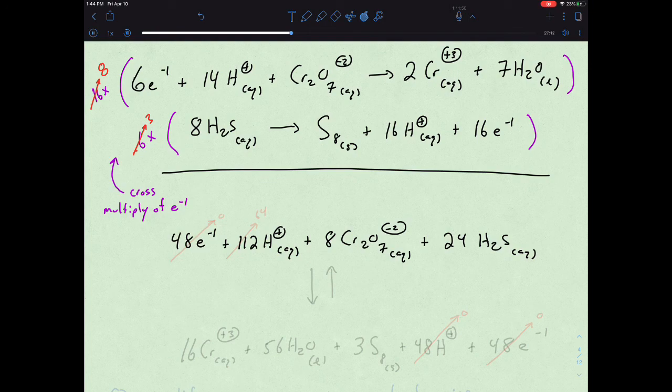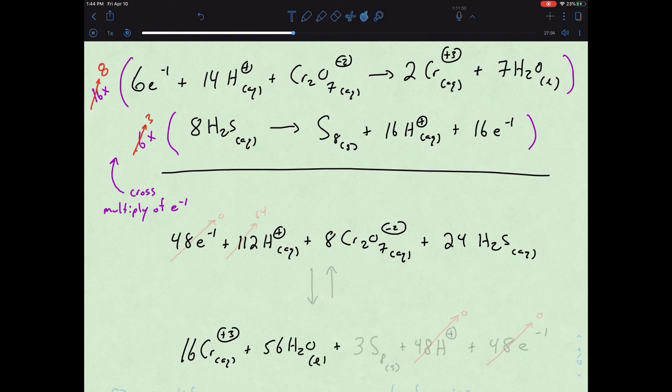Looking at the product side, we have our 8 times our 2 chromium, so we have 16 chromiums that are plus 3. Take our 8 times our 7 H2Os, that means we have 56 H2Os.